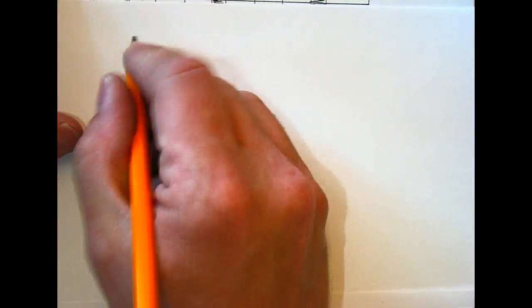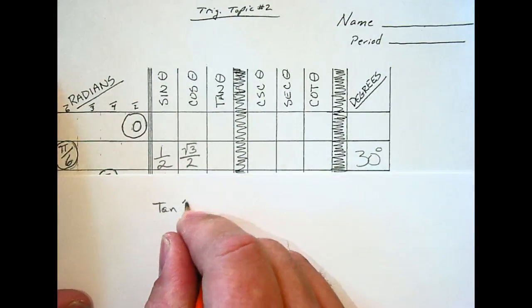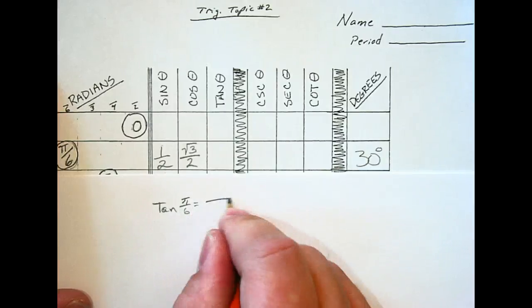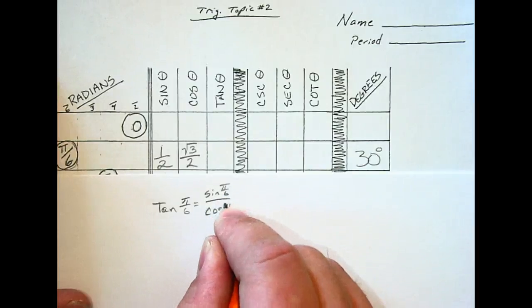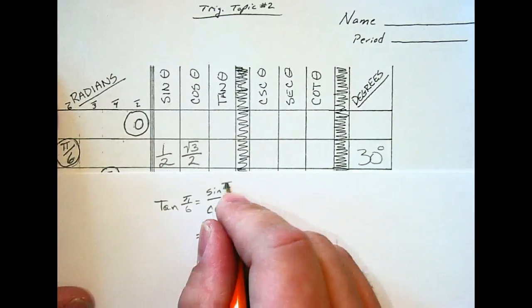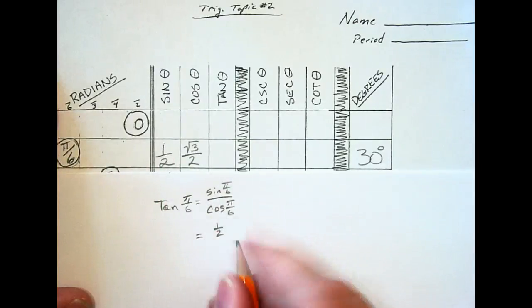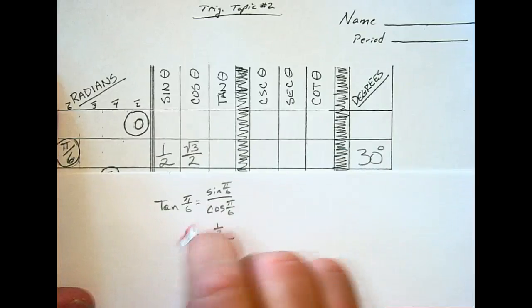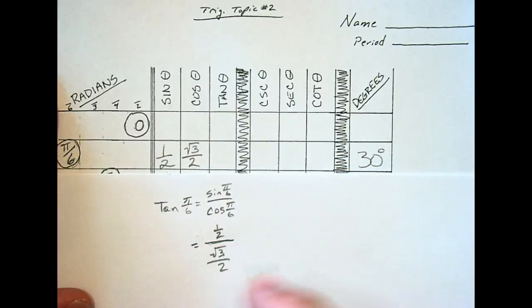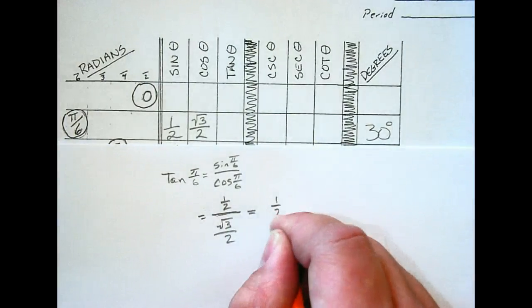Okay? So in this case, we know that the tangent of pi over 6 is equal to the sine of pi over 6 over the cosine of pi over 6. Sine of pi over 6 is actually 1/2. Cosine is root 3 over 2, and now you have a compound fraction, a fraction within a fraction. The way we deal with that is we say this means division.